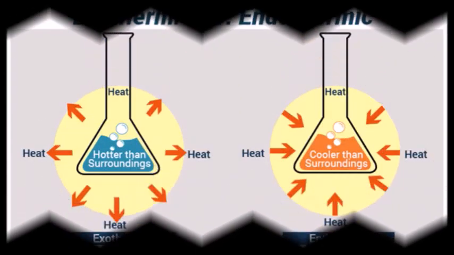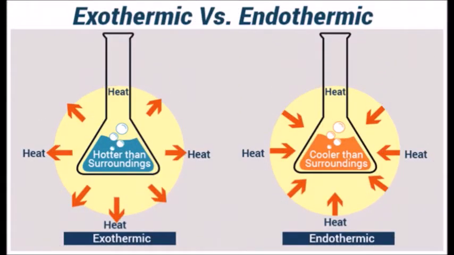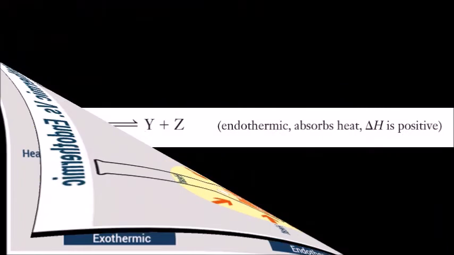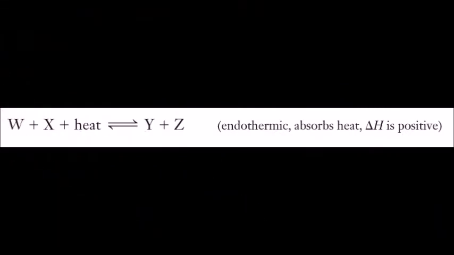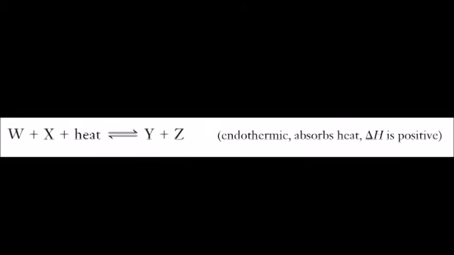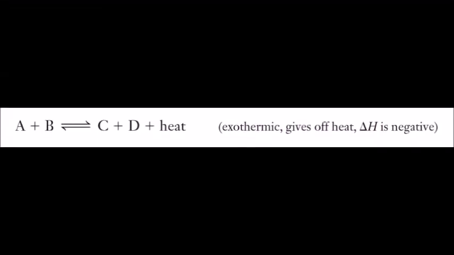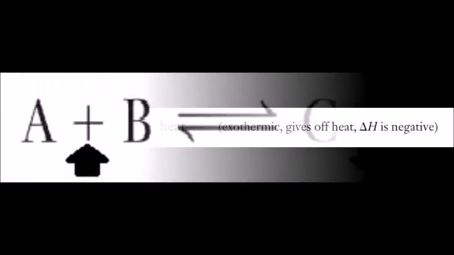Number 3. Change in temperature. Exothermic reaction releases heat. Endothermic reaction absorbs heat. So if we are having an endothermic reaction, the reactant side will either decrease or increase in temperature, while exothermic will be on the other side, which is the product side.